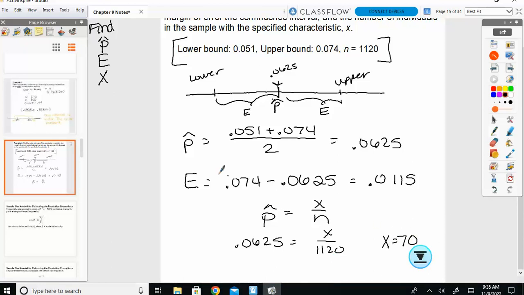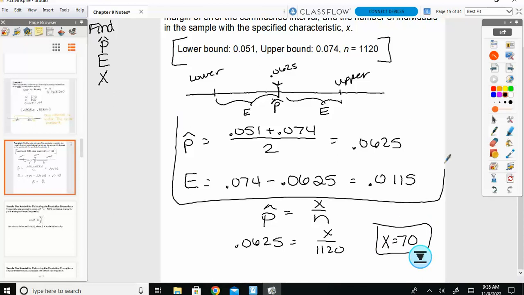So if we multiply that over, x is 70. So we could work backwards from that confidence interval to get some information. Any questions so far?